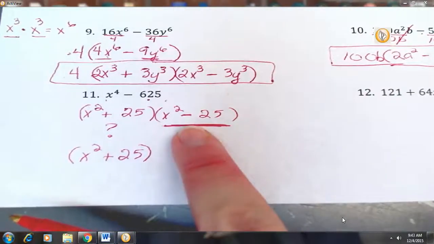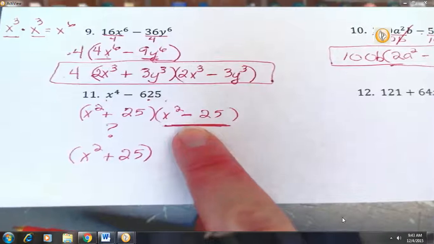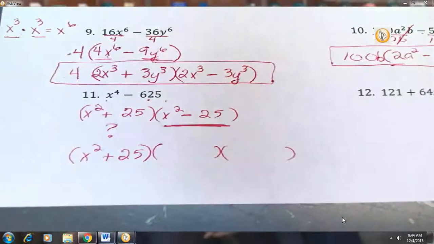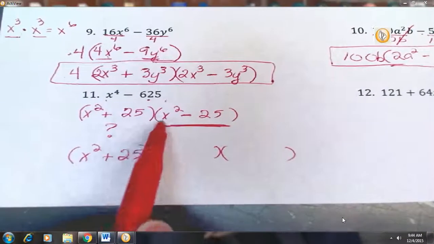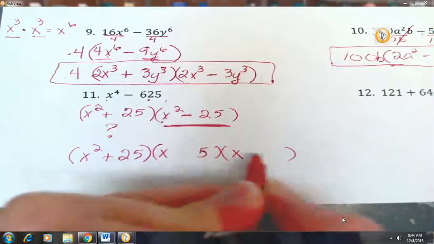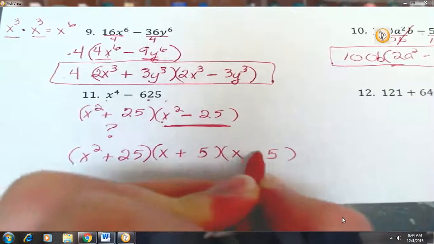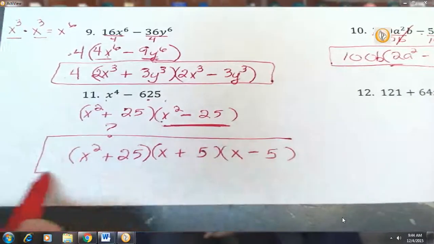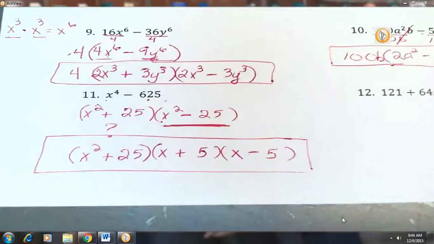But the second parenthesis, I have two perfect square terms that I'm subtracting. So what is the square root of x squared? And the square root of 25? So this time I have 3 parentheses.